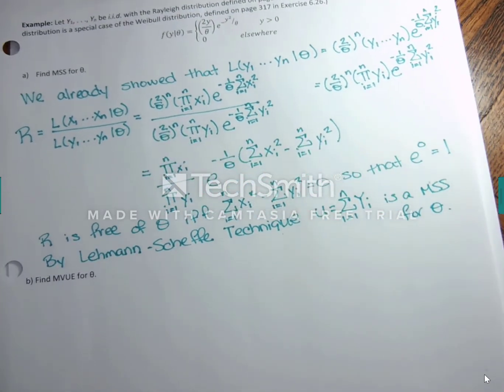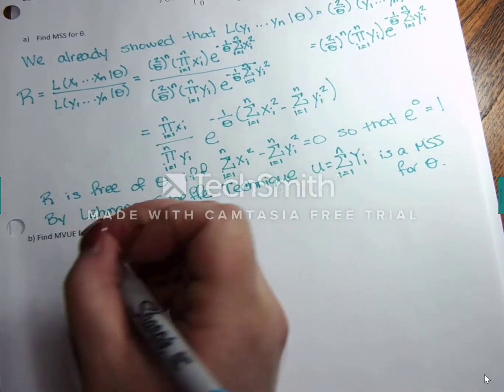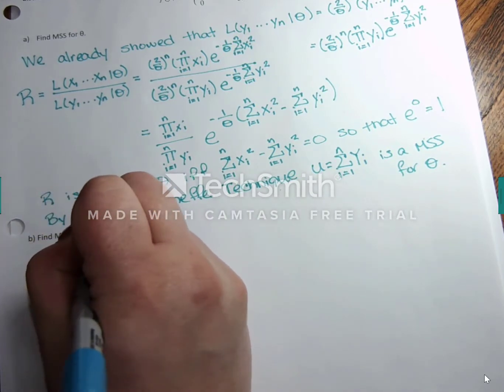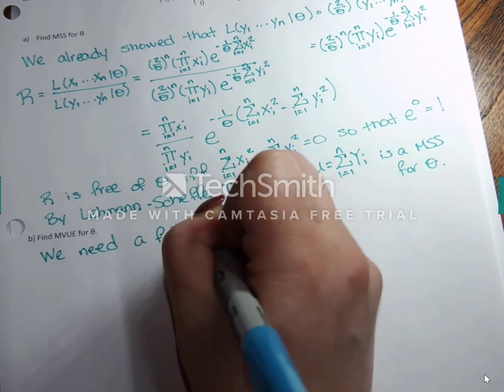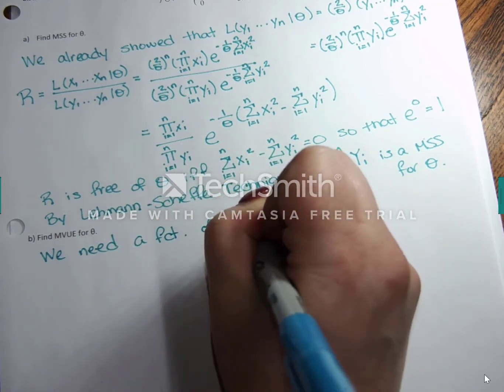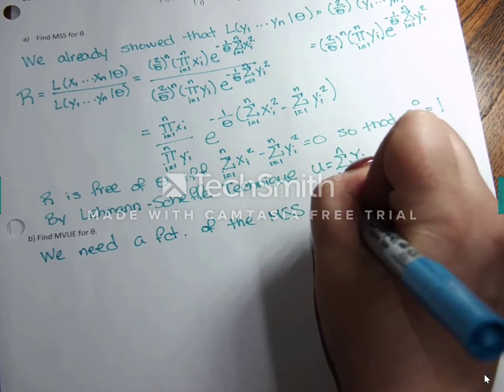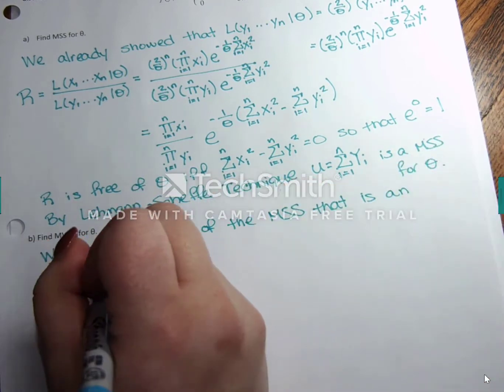All right, so now we can use this to find the MVUE. So as a reminder, what we're doing is we need a function of the MSS that is an unbiased estimator of theta.